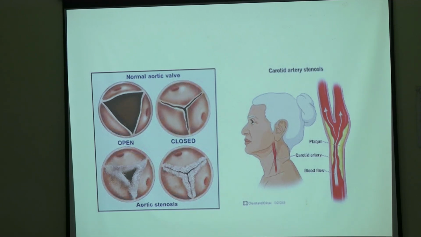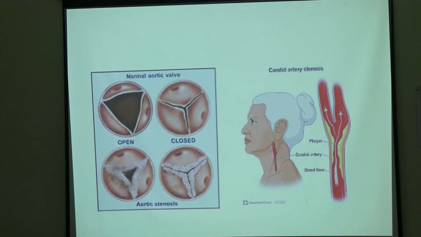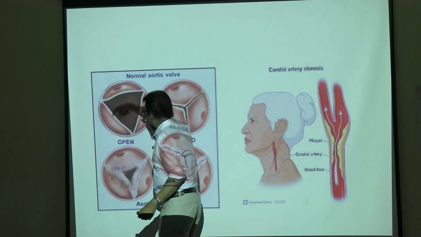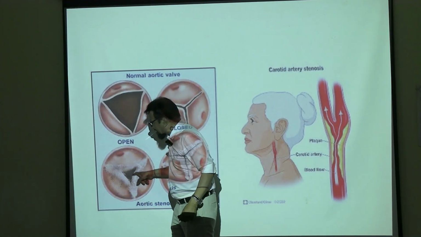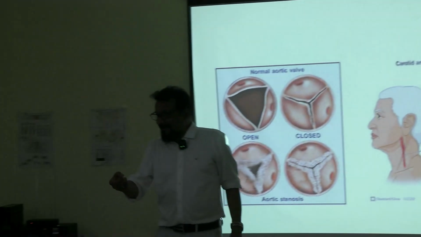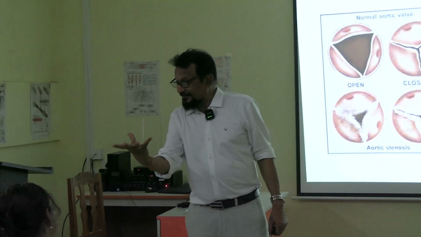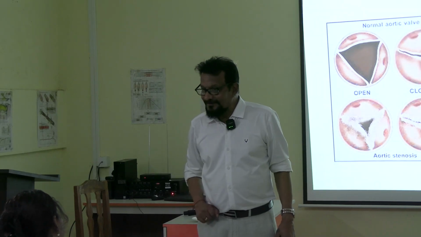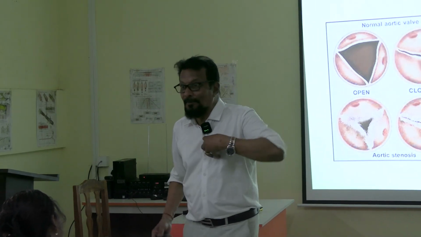As a result, they open incompletely. See, here the open diameter is more. Here the open diameter is less. The lumen is narrowed. As a result, when blood passes, in either direction, it will produce sound. And you will hear a murmur.